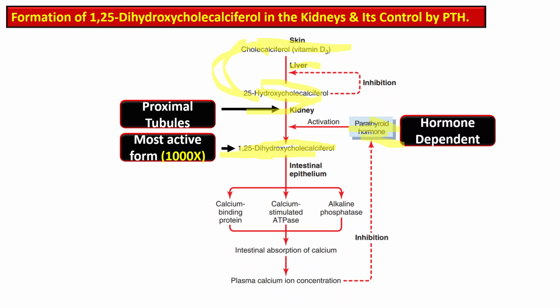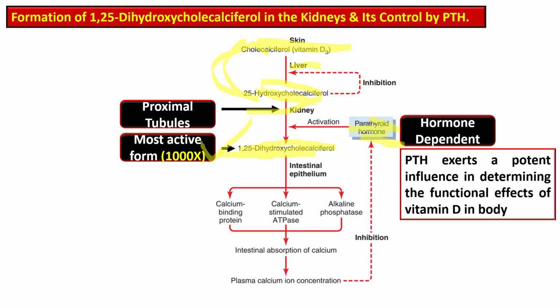It is essential for this kidney-based conversion. In the absence of parathyroid hormone, production of 1,25-dihydroxycholecalciferol is severely impaired or halted. So parathyroid hormone determines how active vitamin D is in the body.